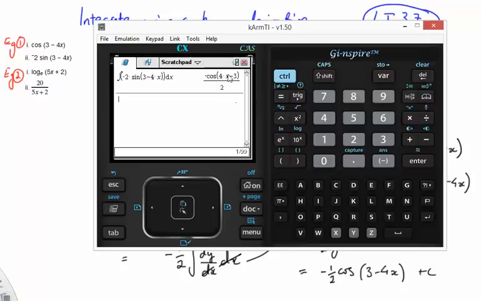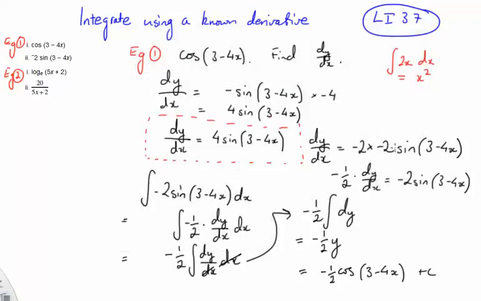Now they've written 4x minus 3. It's the same thing, because the cosine function swallows the negative sign. What the CAS calculator has done is take out the negative, and then cos swallows negative signs, so you get cos(4x - 3).